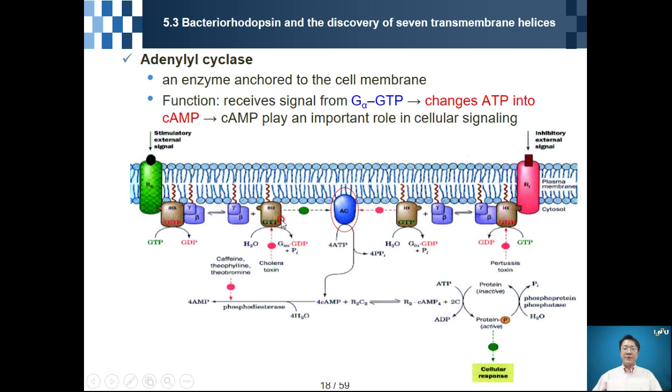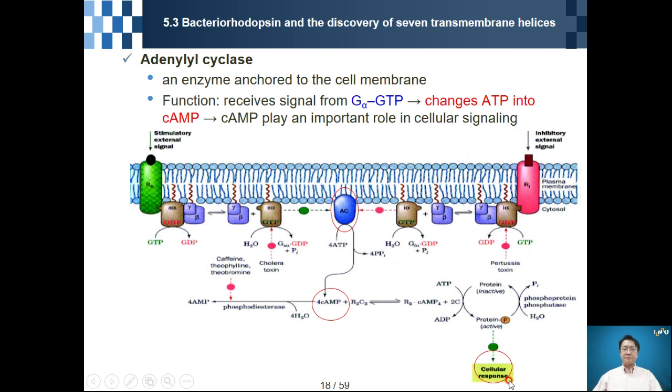After that, the main function of adenyl cyclase is to change ATP into cAMP. cAMP plays an important role in cell signaling. It will induce several cellular responses, but I will not cover them in detail.